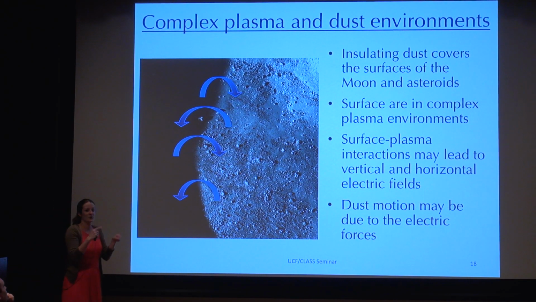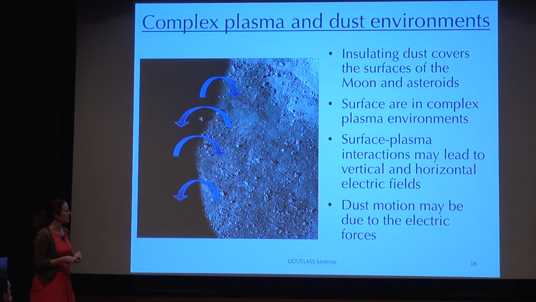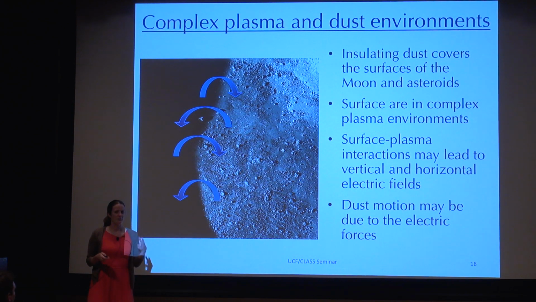So we think you can actually get particles sort of hopping off the surface and moving around as an effect of having this difference between day and night, and also other local effects. This is complicated and really hard to explain for some of the observations we see, but it fits with some of the other observations that we see.